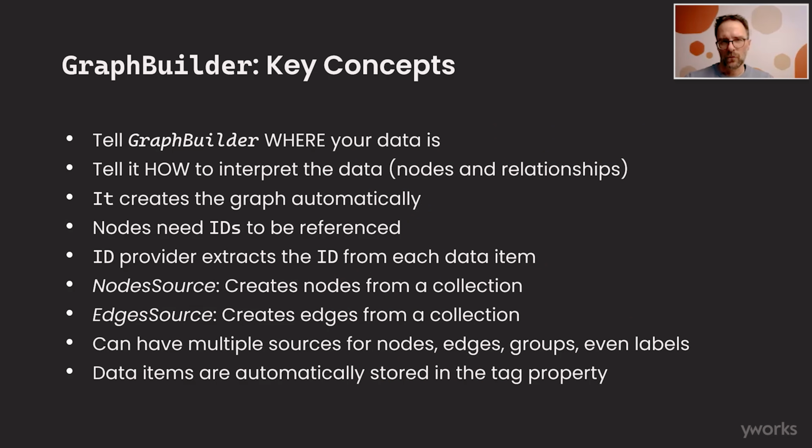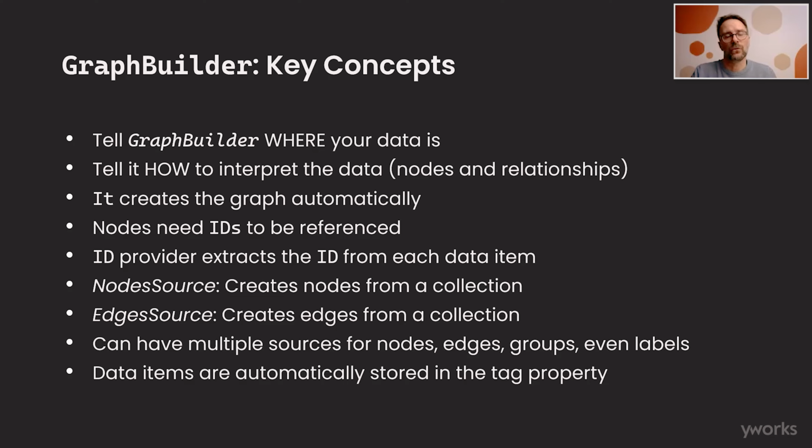So to summarize, the GraphBuilder is basically used so that you can tell it where the data is. You pass it the data and explain to it how the data should be interpreted, so how the nodes, relationships and labels are structured in your data.